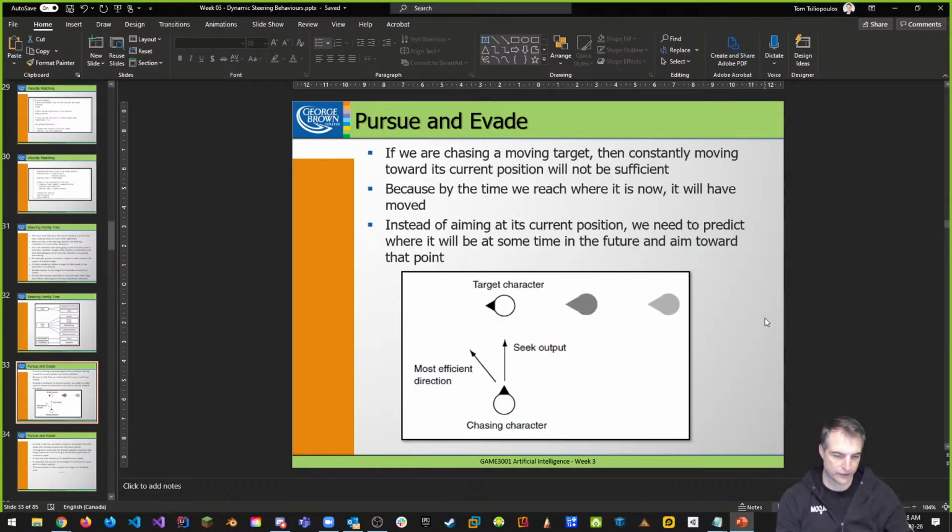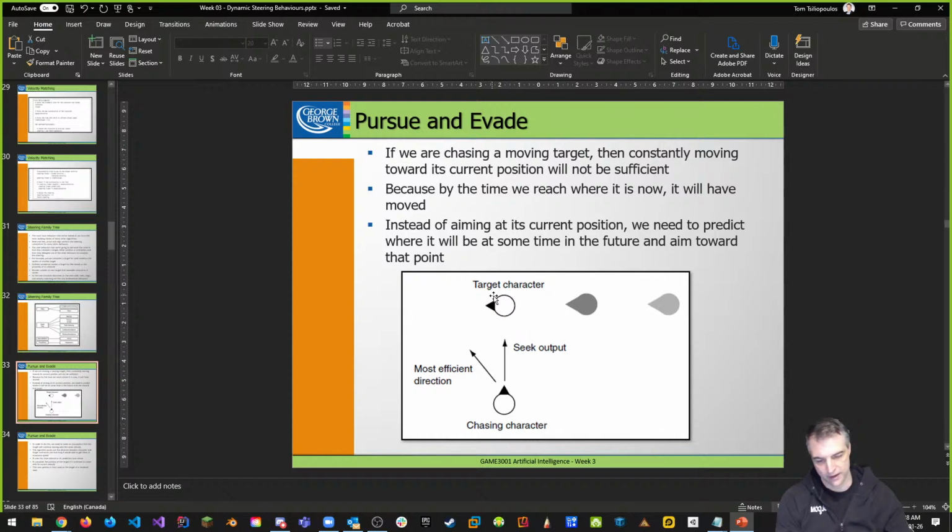So here's pursue and evade. We talked about seeking and fleeing. So naturally, I have a chasing character, and I'm seeking, but instead of a static target, the target is moving. So instead of going directly towards the target where they are, I want to calculate where they're going to be based on their velocity. And the velocity, again, is the direction that they're moving in and the magnitude of how fast they're moving, right?